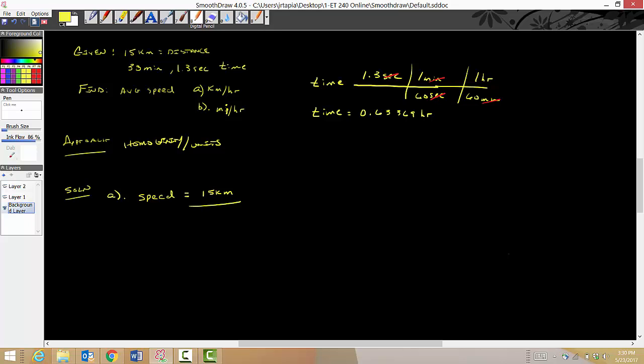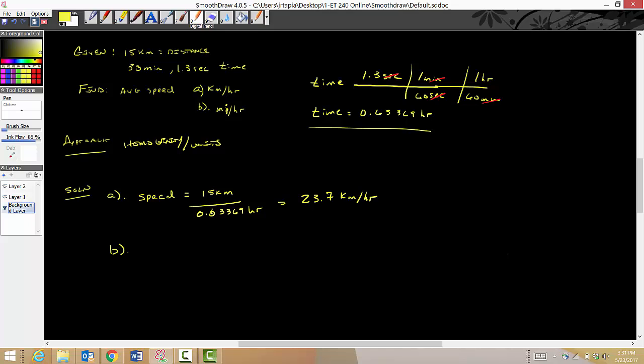So now we can plug this time in for our speed, which will be 15 kilometers over 0.63369 hours, which, plug that into your calculator, you're going to get 23.7 kilometers per hour.